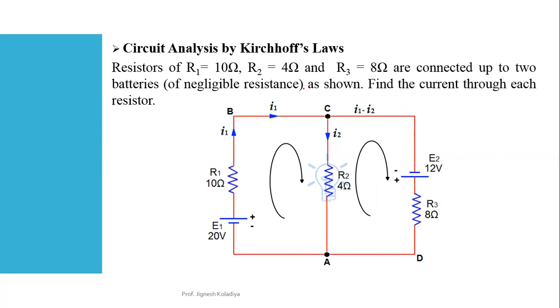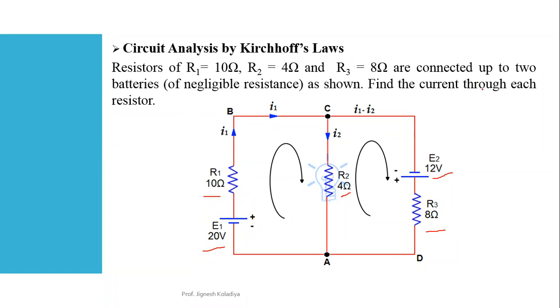Now, circuit analysis by Kirchhoff's law. All of you know about Kirchhoff's law right now. So resistance R1 is given as 10 ohm, R2 4 ohm, R3 8 ohm, connected to two batteries, E1 20 volt and E2 12 volt, of negligible resistance as shown.